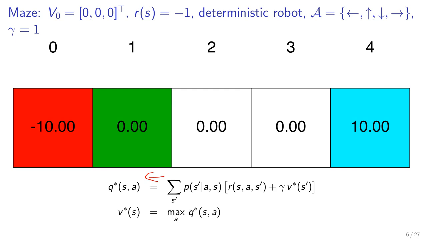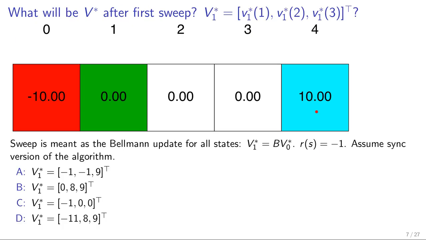So the task for you is here. Assume that you do 1 sweep of the value iteration algorithm. What will be the values of these non-terminal states after that 1 sweep? You can start working on that. There is A, B, C, D, so I will start a poll. One of these options: what will be the values after one sweep?